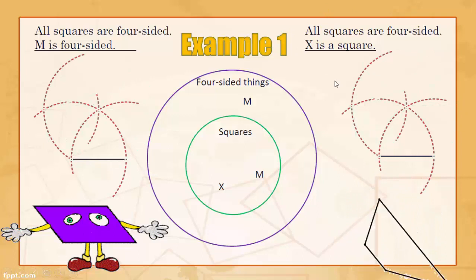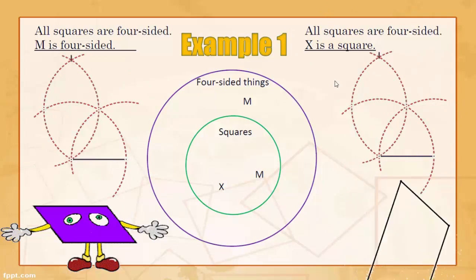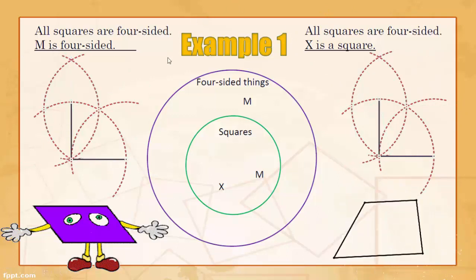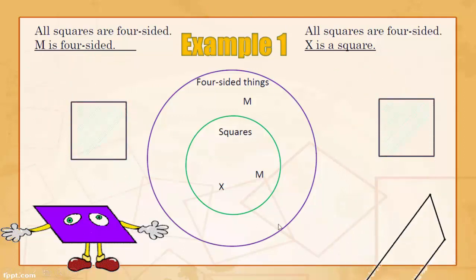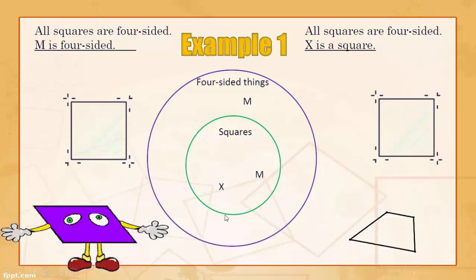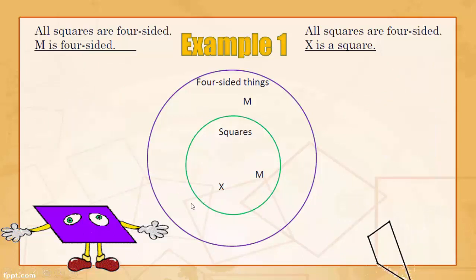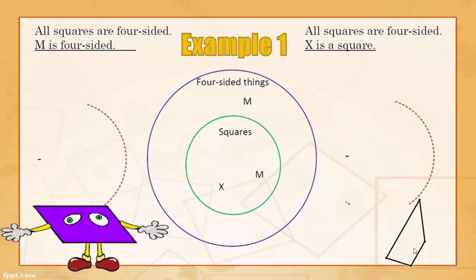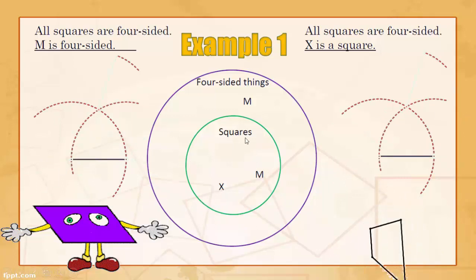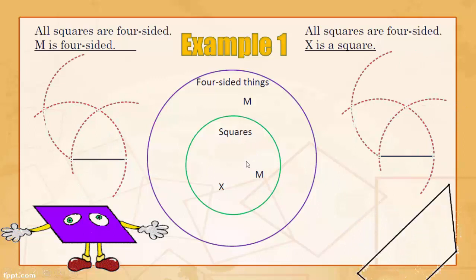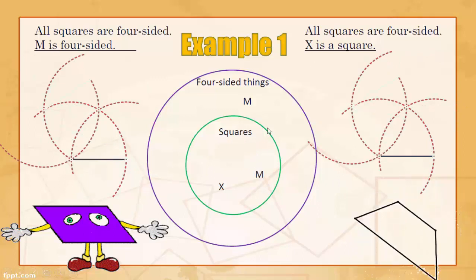So let's look at how we do this. In the larger circle, we have four-sided things because that's more general, and squares are a particular kind of four-sided thing. So remember, this is a four-sided thing, but it's not a square, but squares, again, are a particular kind of four-sided thing.